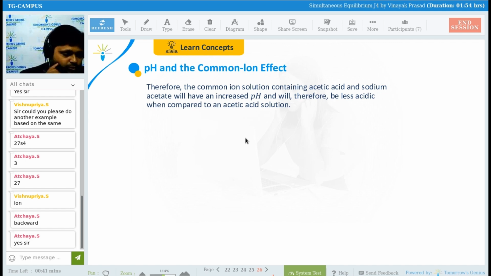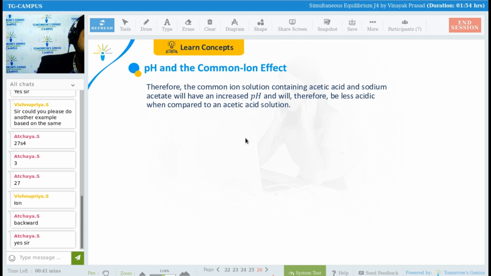If I ask you to make other people understand, will you be able to make them understand the common ion effect or not? Yes or no? Please tell me.